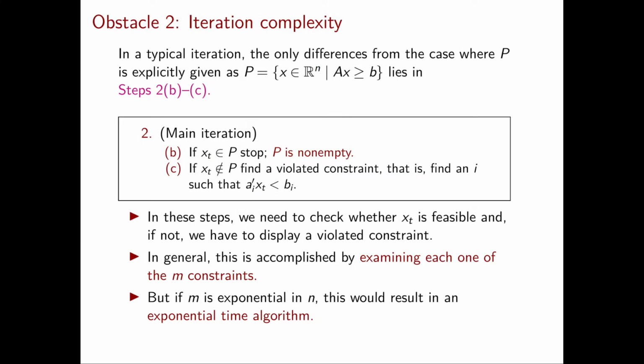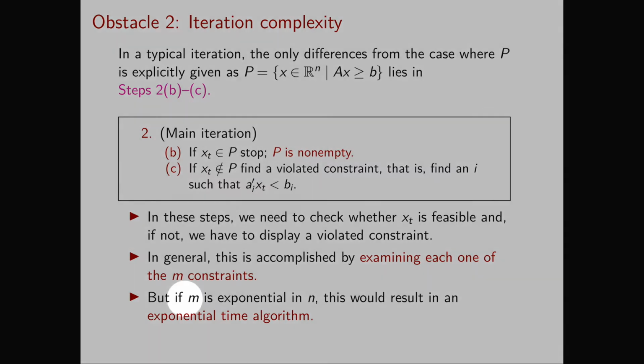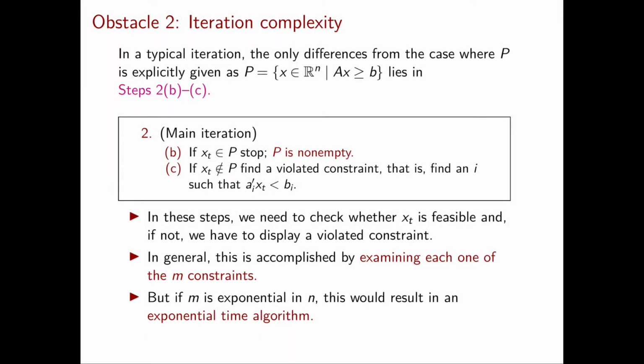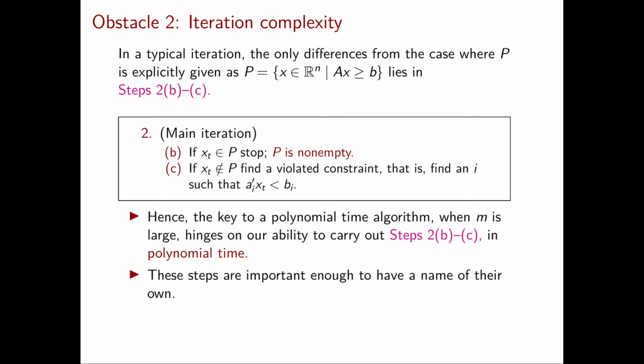Now, in our new setting, this approach is no longer viable. In fact, if m is exponential in n, checking if xt satisfies all the constraints would result in an exponential time algorithm.